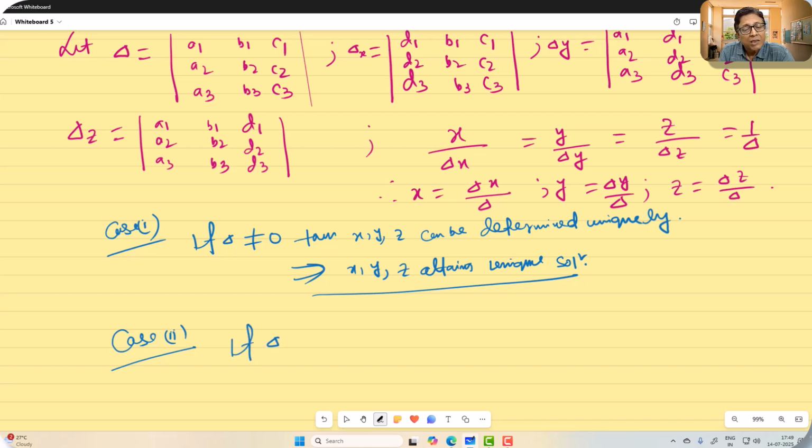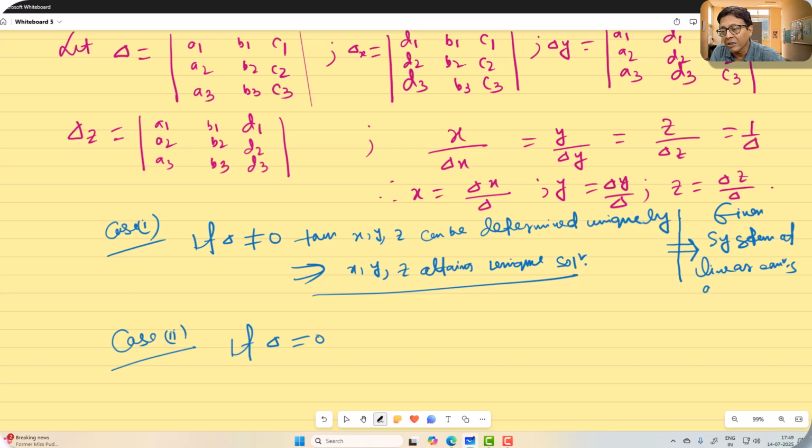If delta equal to 0, then what will happen? In the previous case when you get a unique solution, we can draw one conclusion from there, that the given system of linear equations is consistent.